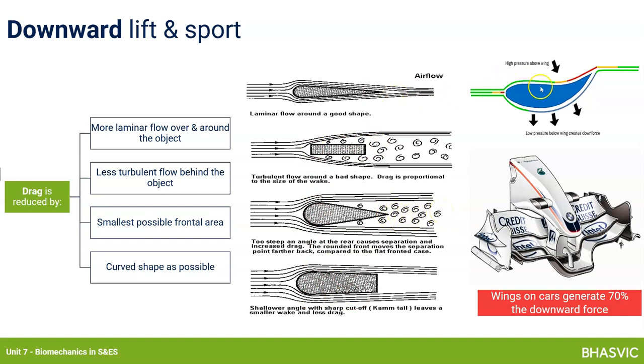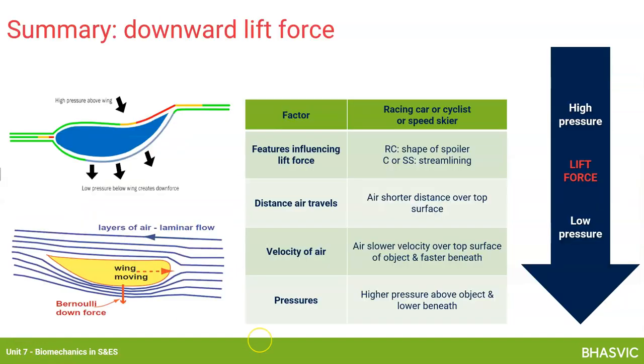And this obviously relates again to the shape of several designs of structure, particularly our cars. So it actually says wings on cars generate 70% of the downward force, which is amazing, and look at the complex design of it. So there's a quick summary slide on the generation of the downward force, downward lift force.